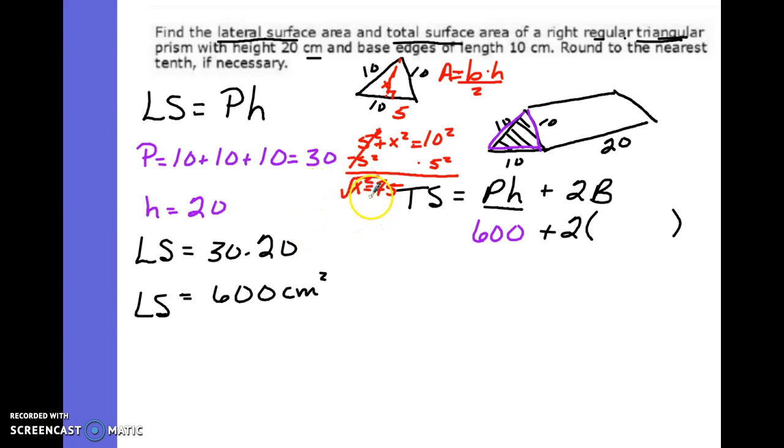And if I take the square root of that, it's going to be x equals like 8.7. So this formula here for the area of a triangle is base times height. My base we said was 10. The height we just got for 8.7 divided by 2.